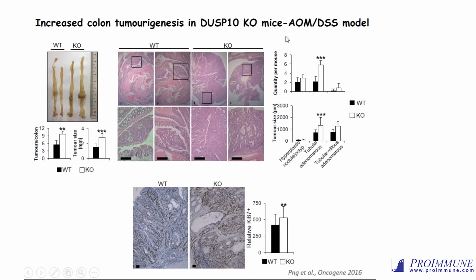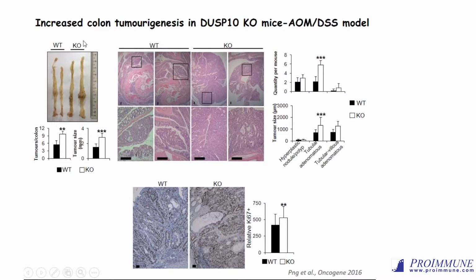We fed the mice a chemical known as AOM together with DSS. In this model, the DSS damages the epithelium to induce inflammation, and the AOM causes mutation of genes in the epithelium. This mutation together with inflammation drives the formation of cancer.